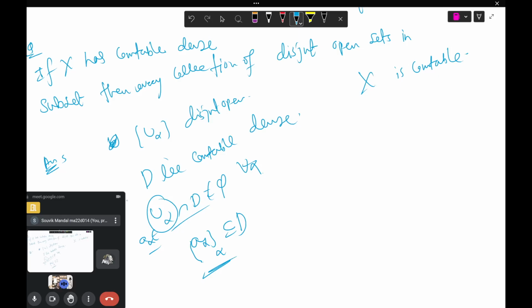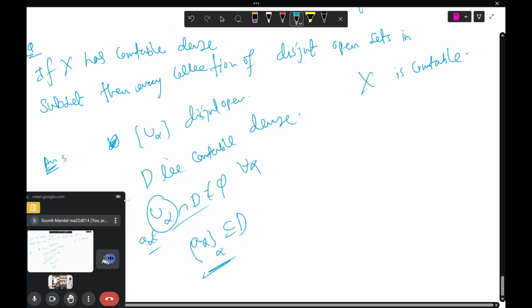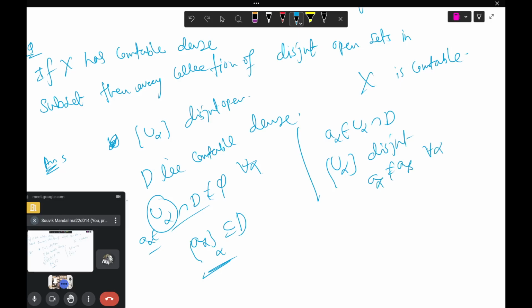Understand this argument? Sir, but A alpha is one element. So how is it implied that U alpha must be countable? The thing is, we are choosing A alpha from each U alpha intersection D. Since the collection U alpha is disjoint, A alpha is not equal to A beta for alpha not equal to beta.